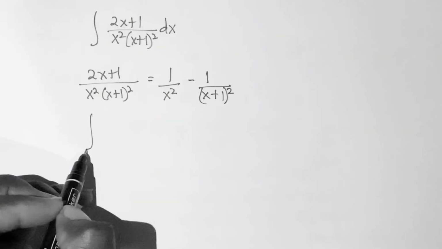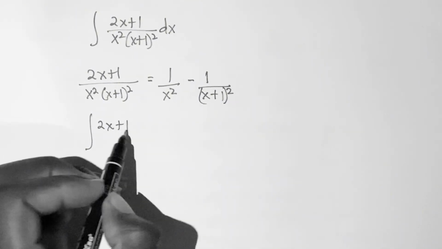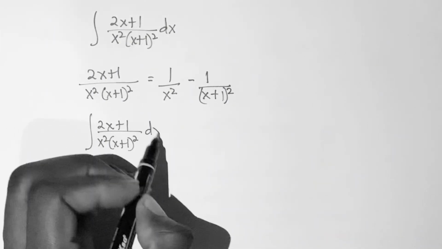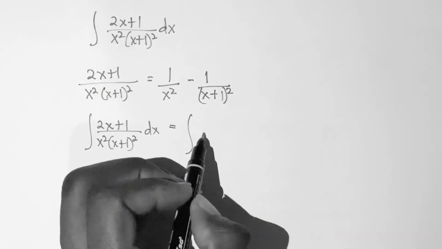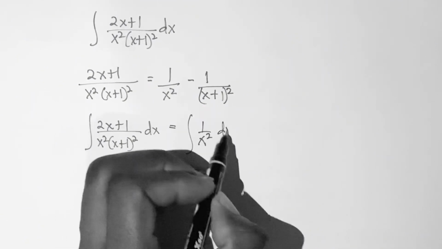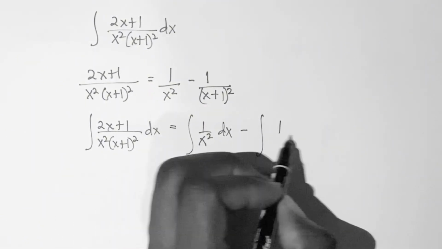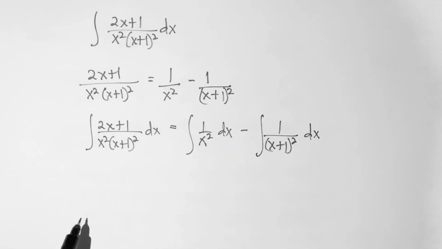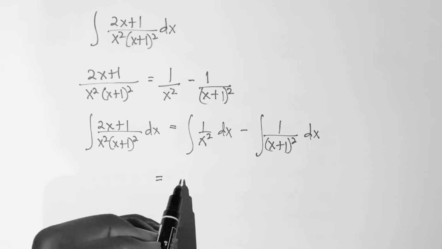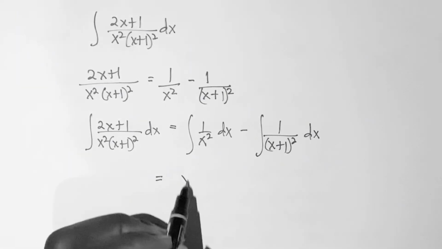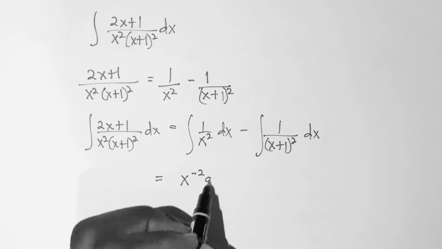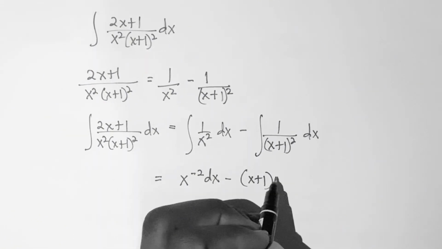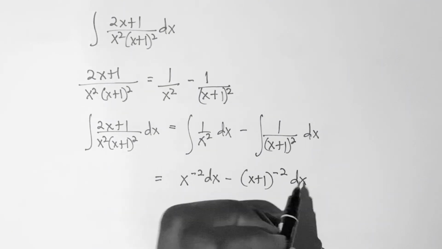So it implies that the integral of (2x plus 1) divided by x squared times (x plus 1) squared dx is equal to the integral of 1 over x squared dx minus the integral of 1 divided by (x plus 1) all squared dx. So if we do this integral, let's rewrite this as the integral of x exponent minus 2 dx and minus the integral of (x plus 1) exponent minus 2 dx.